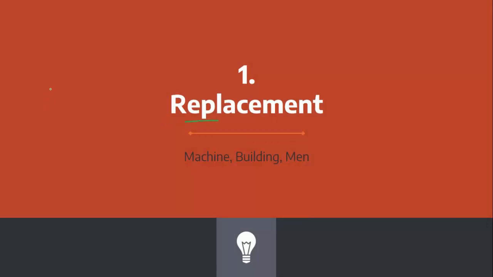When we start a new industry, we purchase new machines, buildings as well as men. But after some time of using that particular machine, its maintenance cost is increasing.